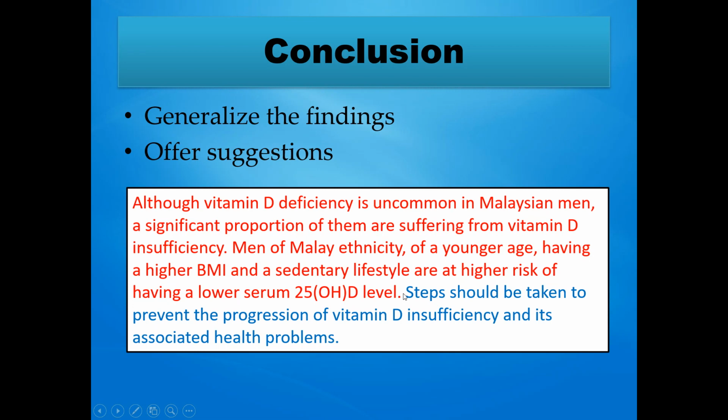The authors also complement the general finding with a suggestion. How would one utilize the finding of the study to improve human lives? So steps should be taken to prevent the progression of vitamin D insufficiency and its associated health problems. And this is the recommendation or take-home message from the authors to the readers.